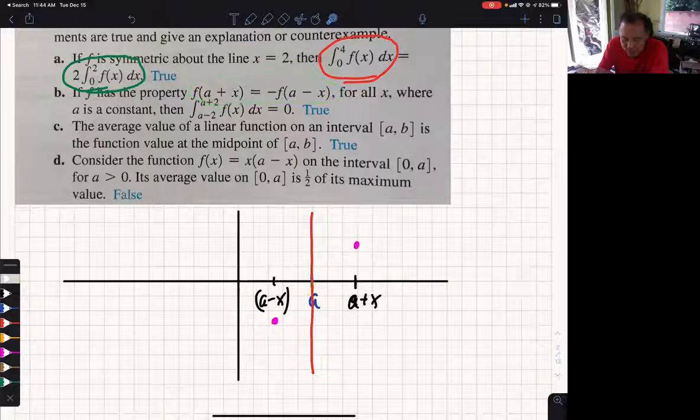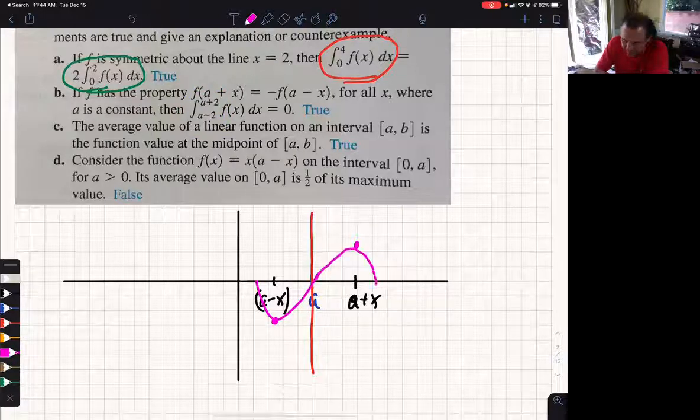So now let's look at what this is. If I integrate left 2 and right 2 from A, here's A. If I go left 2 and right 2, I'm going to draw this. It's an odd function symmetric to that. So this might look like this. So if I go left and right and I integrate it, isn't it obvious that the net area is going to be 0?